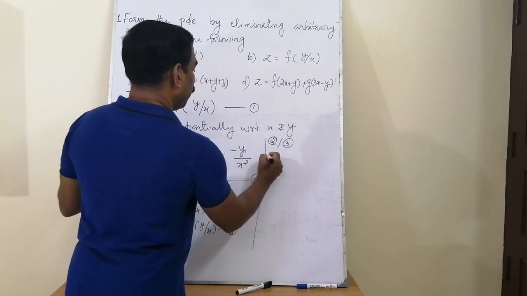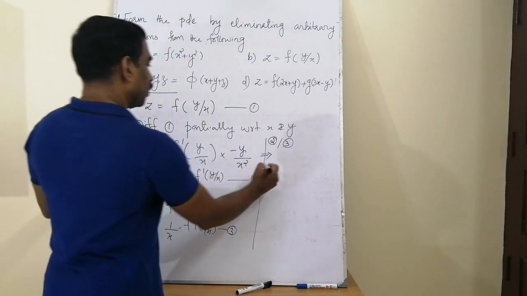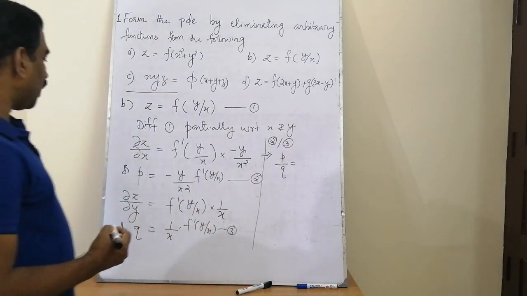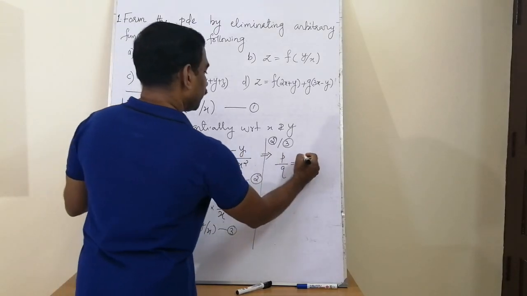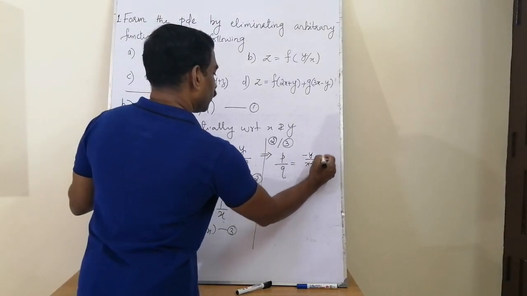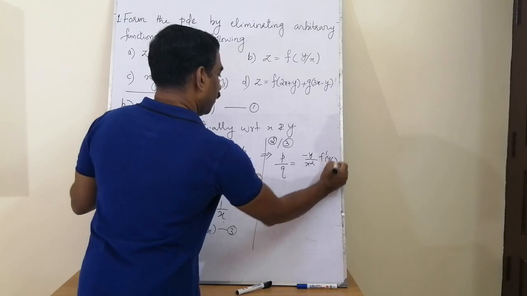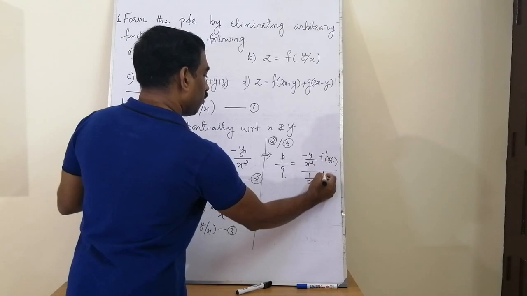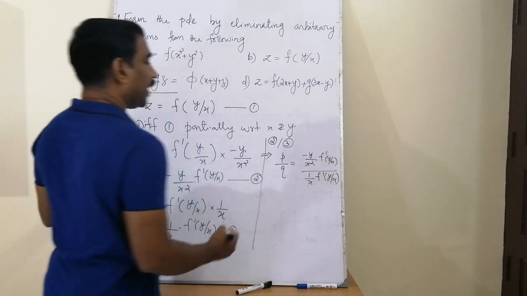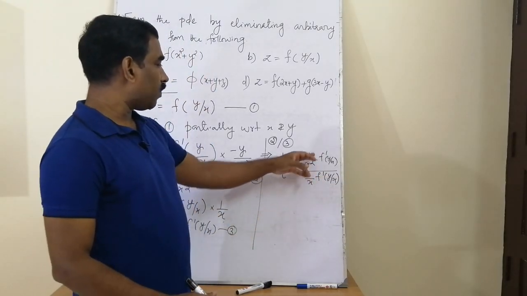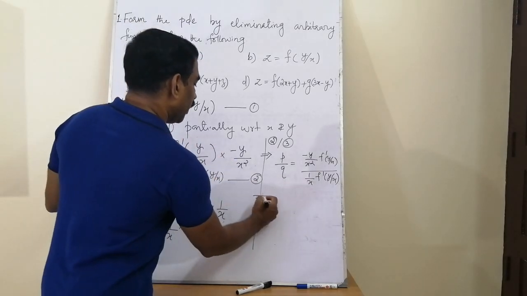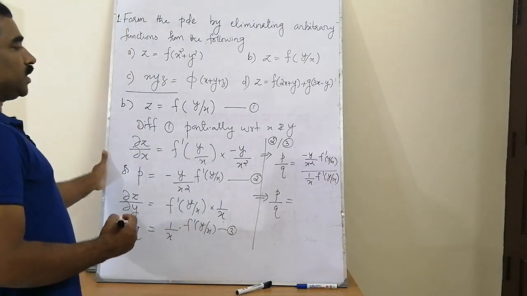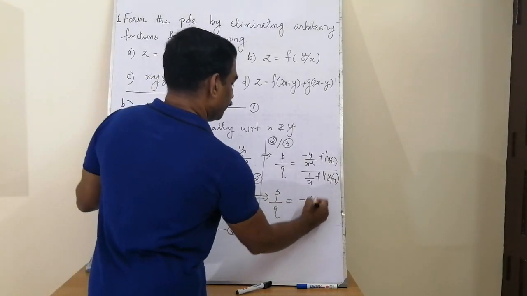Equation 2 by equation 3 implies p/q is equal to −(y/x²) f'(y/x) divided by (1/x) f'(y/x). So we can cancel the derivative terms f'(y/x) and finally we will be left with p/q = −y/x.